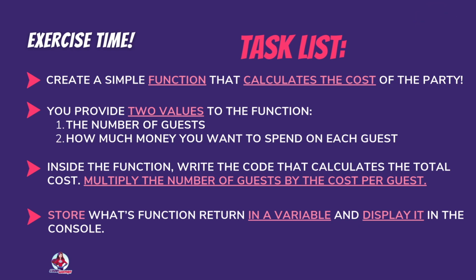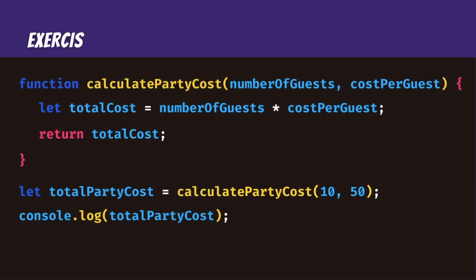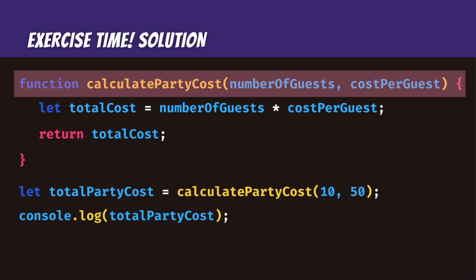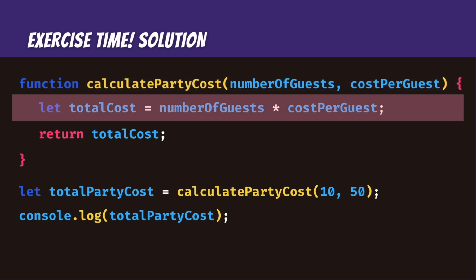Okay, what's the solution? I created a function called calculate party cost. It takes two parameters, the total number of guests and how much you spent on each one. Inside the function, I multiplied the number of guests by the cost per guest to find the total amount.